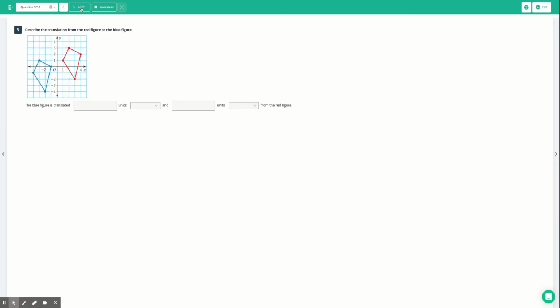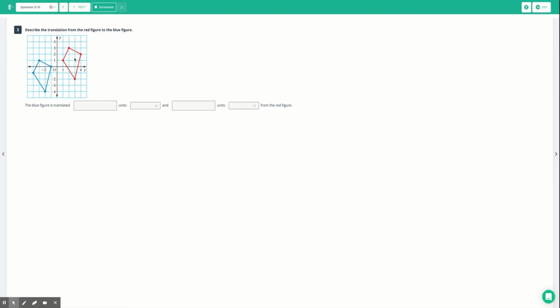On number 3, it said describe the translations from red to blue. I noticed a lot of students did blue to red, and I gave credit for those problems because you understood the concept of the translation. This was attention to detail, so I did not take points off for it.